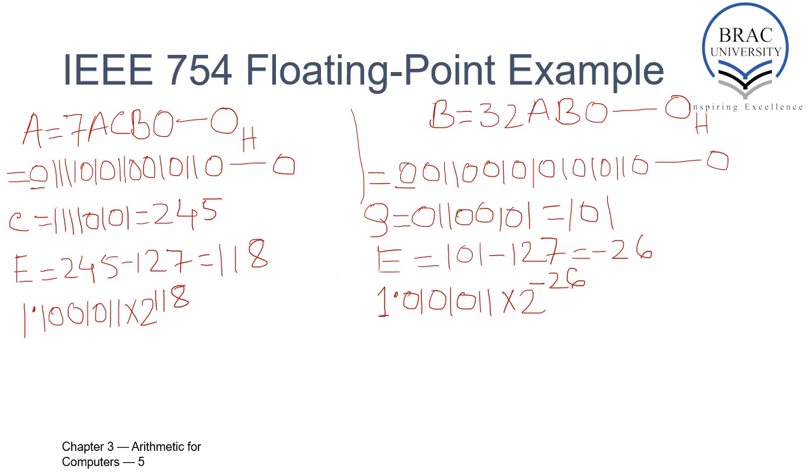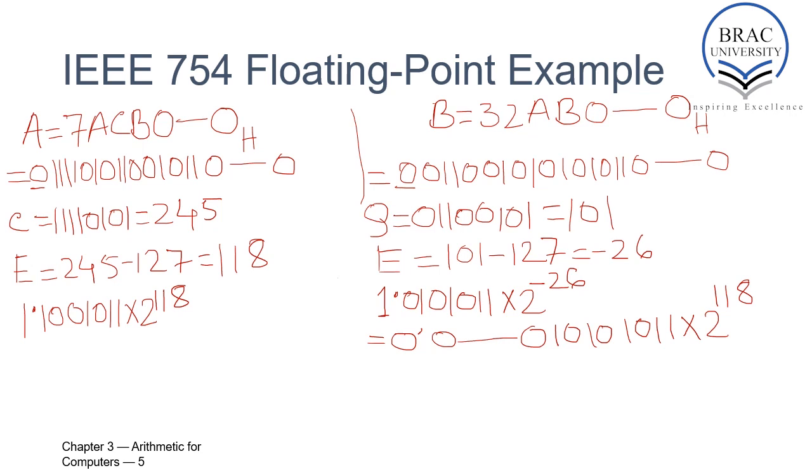So we need to change the exponent of B to 118. How can we do that? We can do it like this: 0 and 0, then there will be a few zeros, and then 1 0 1 0 1 0 1 1 into 2 to the power 118.